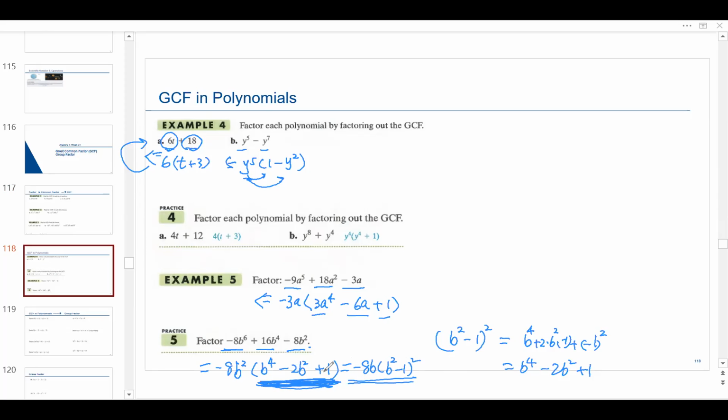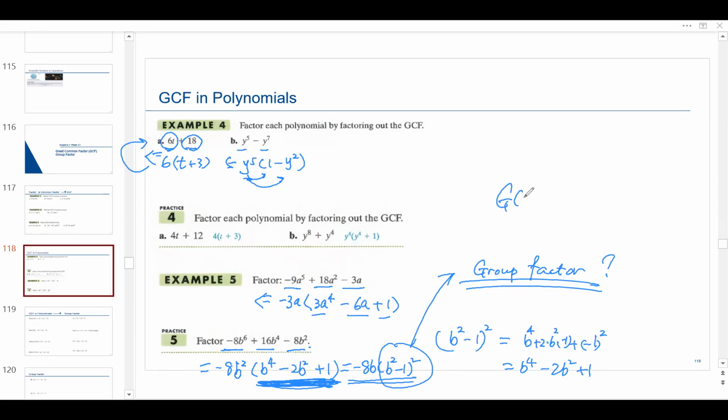So how do we do this one? This is greatest common factor and the distributive method, which you learned before. Right now we need to go to the group factoring process.